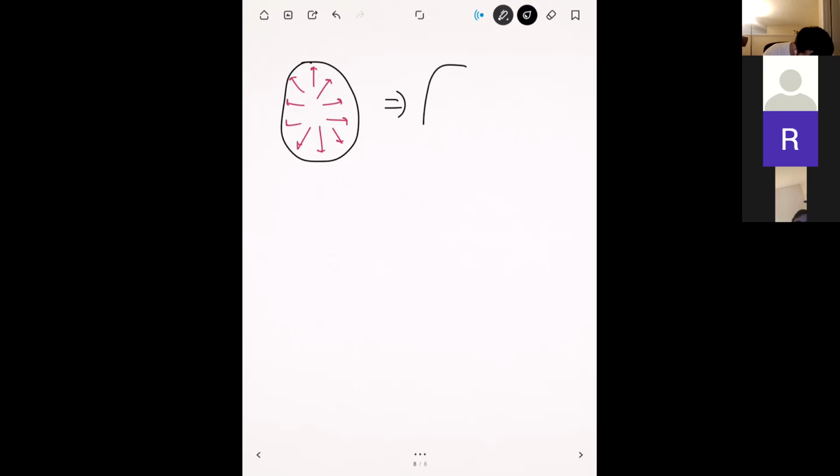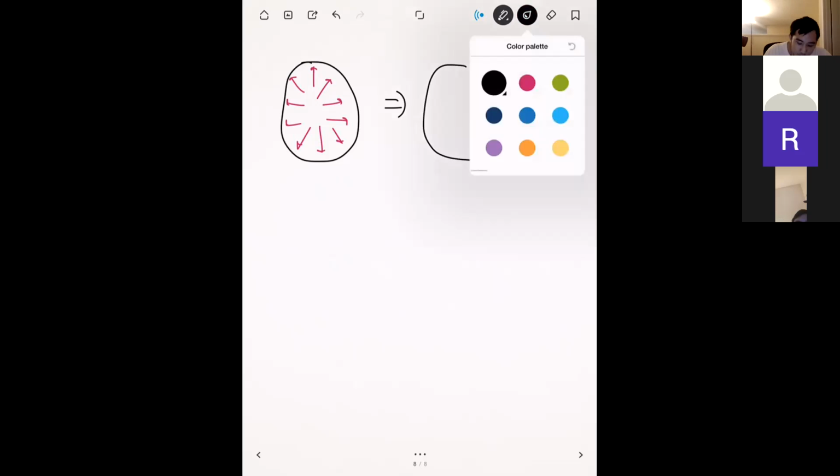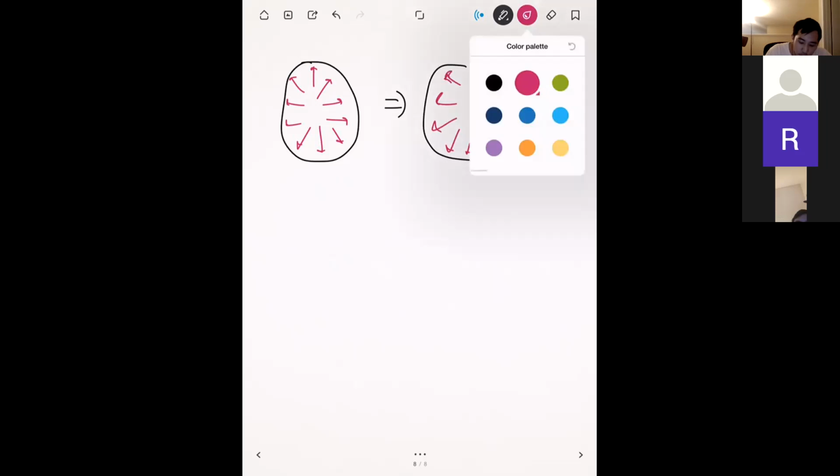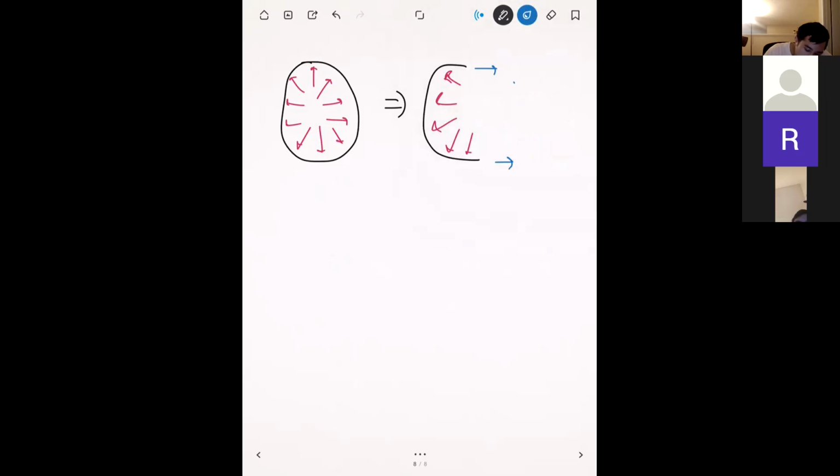If we put half the blood vessel like this, the fact that we have normal stresses here means that, in order to balance these normal stresses, inside the vessel wall itself there needs to be some circumferential stresses. That's what I have in blue right here.